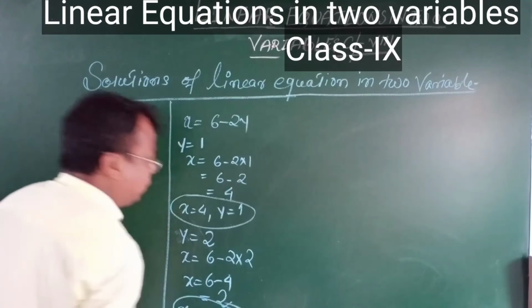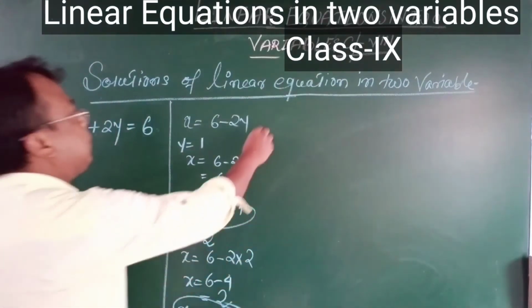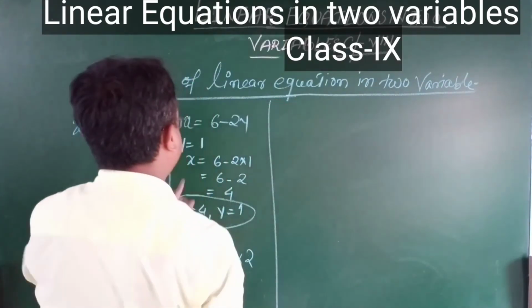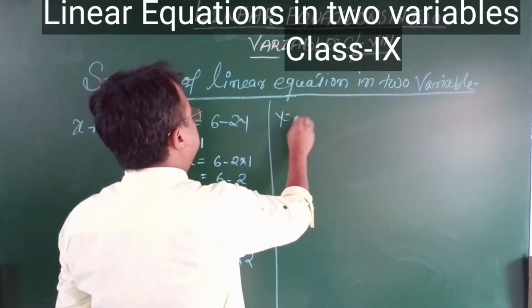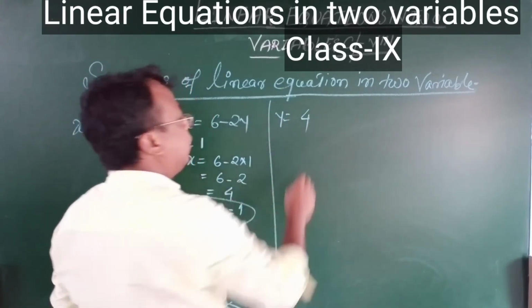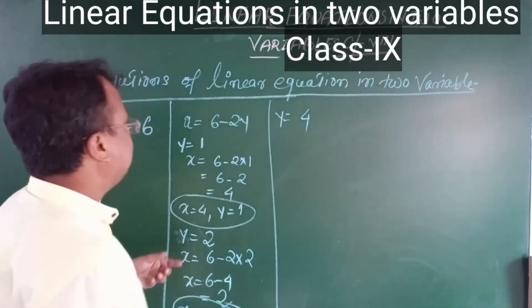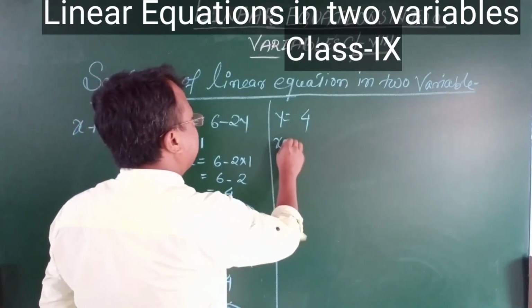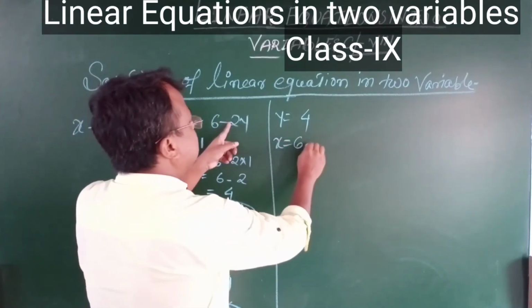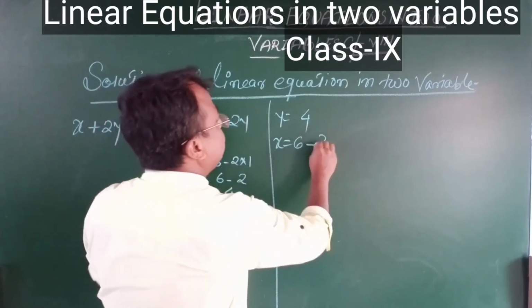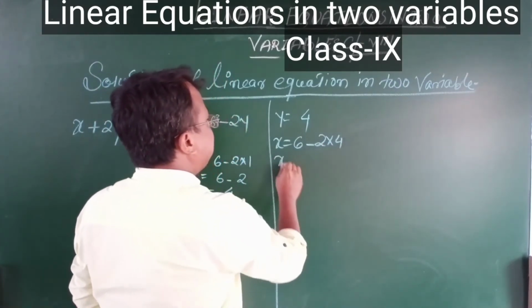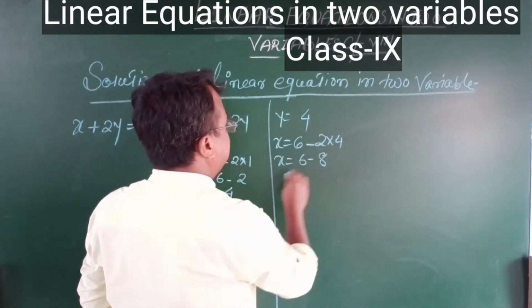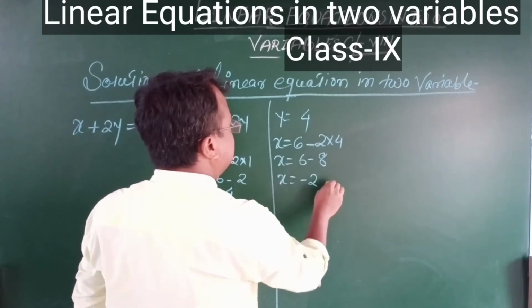This is also one solution. Suppose I put Y is equal to 4, any value you can put here. Then X is equal to 6 minus 2 into 4. So X is equal to 6 minus 8, so X is equal to minus 2.